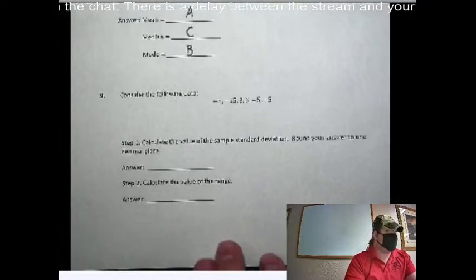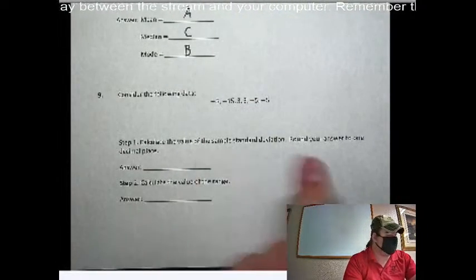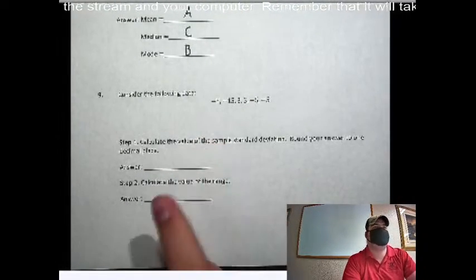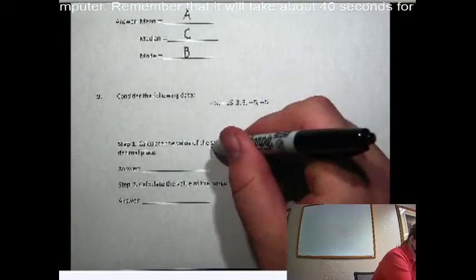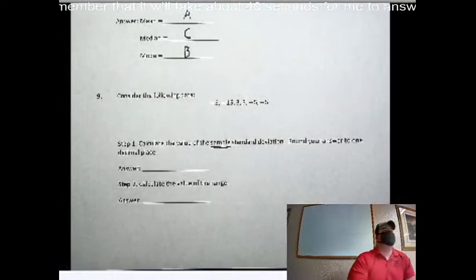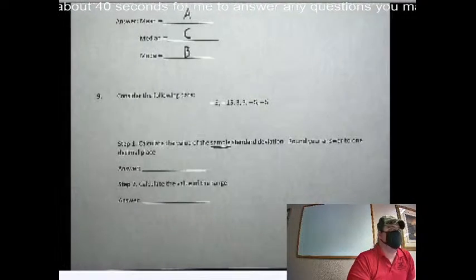Next, again, consider the following data. It gives us a set of data, and it wants us to find the sample standard deviation and the range. Okay, sample. We need to use sample formulas here.